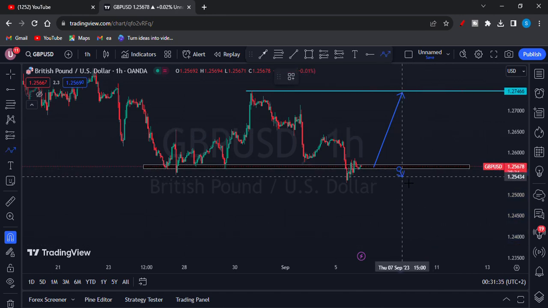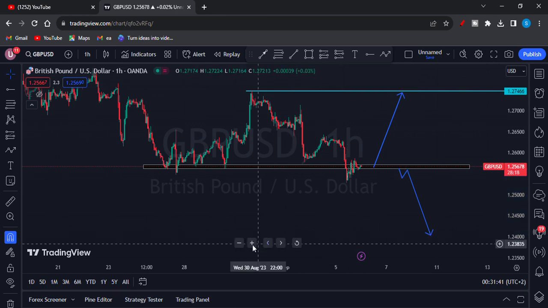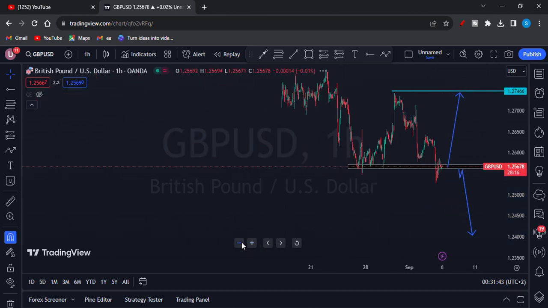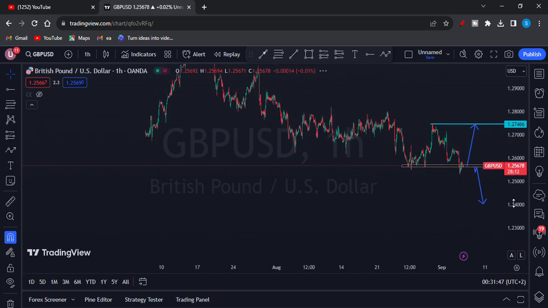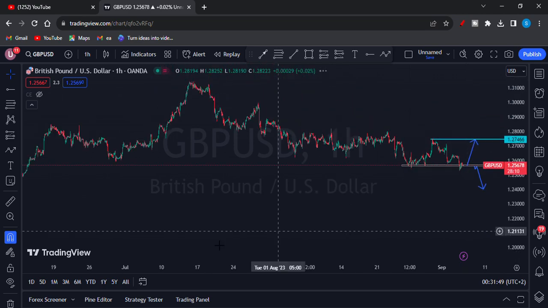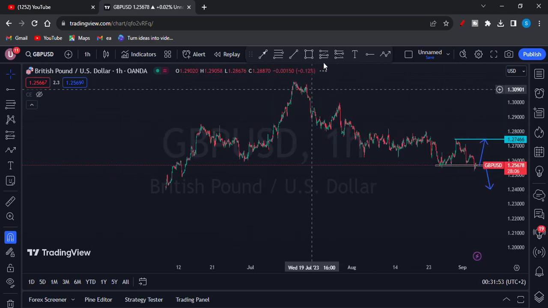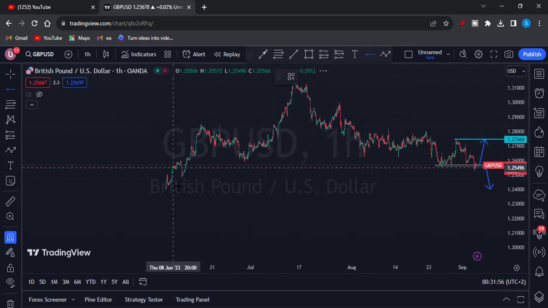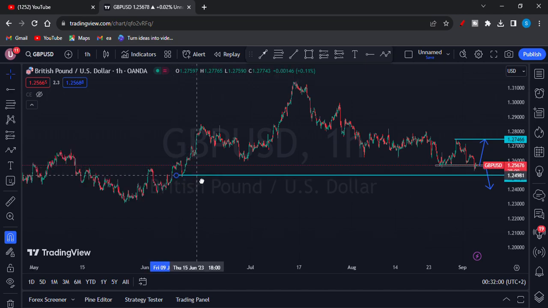Like a break, retest, and then to the downside. That's if the USD is stronger than the GBP. And then potential up to, I'll just put my potential TP right here.